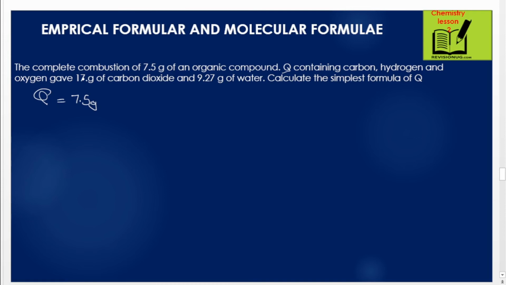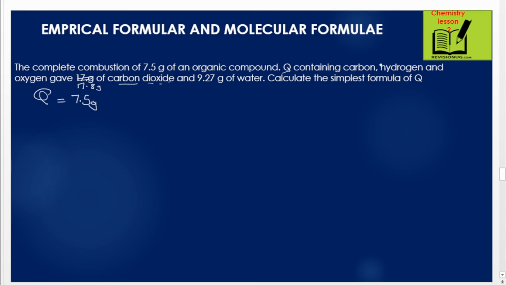So the complete combustion of 7.5 grams of an organic compound Q containing carbon, hydrogen, and oxygen gave 17.8 grams, sorry, this was an error, 17.8 grams of carbon dioxide and 9.27 grams of water. Calculate the simplest formula of Q.